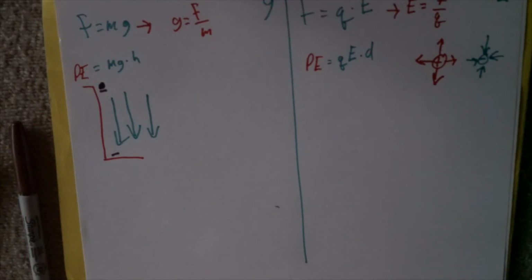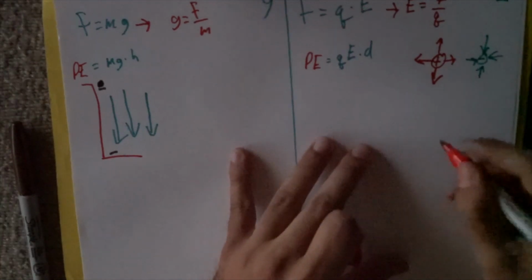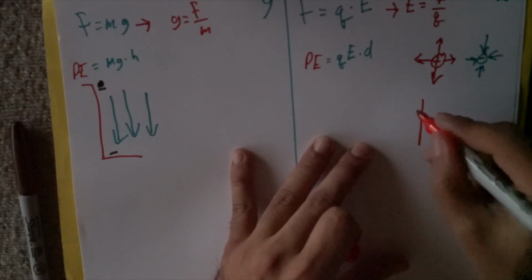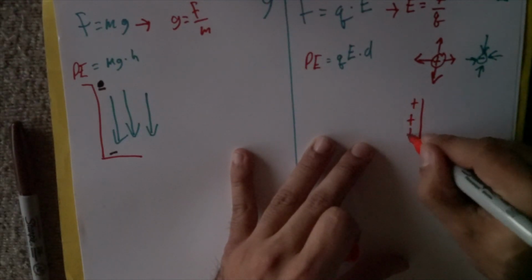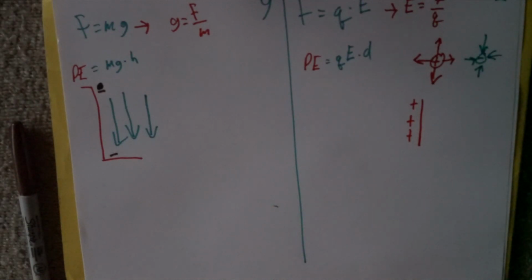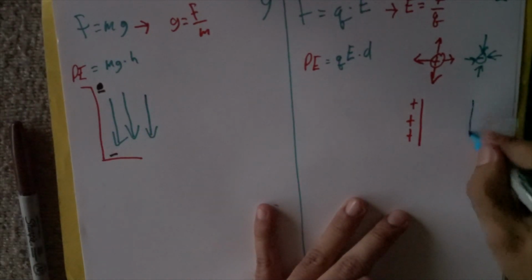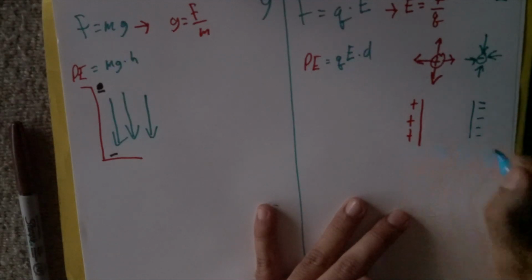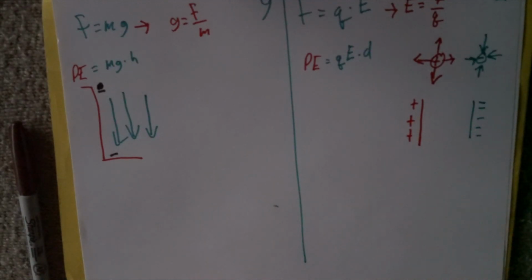However, if I have two metal plates that I can change the charge of, I can make one positive here, and I can make one other metal plate that is parallel, so these two are parallel, this positive and this negative, then I can create a uniform field going from where to where.